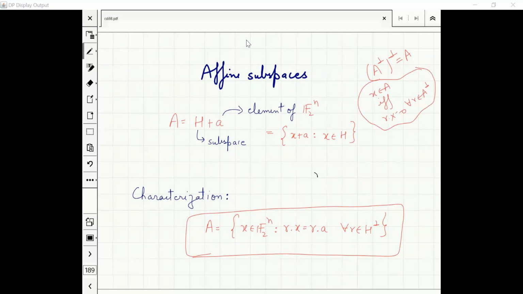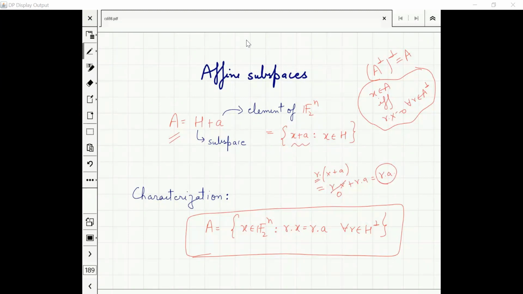If I take gamma dot x plus a, that is gamma dot x plus gamma dot a. This is 0 because gamma is in the subspace H perp. So if you take any vector x plus a in capital A, its inner product with gamma should be gamma dot a, and the opposite will still hold.